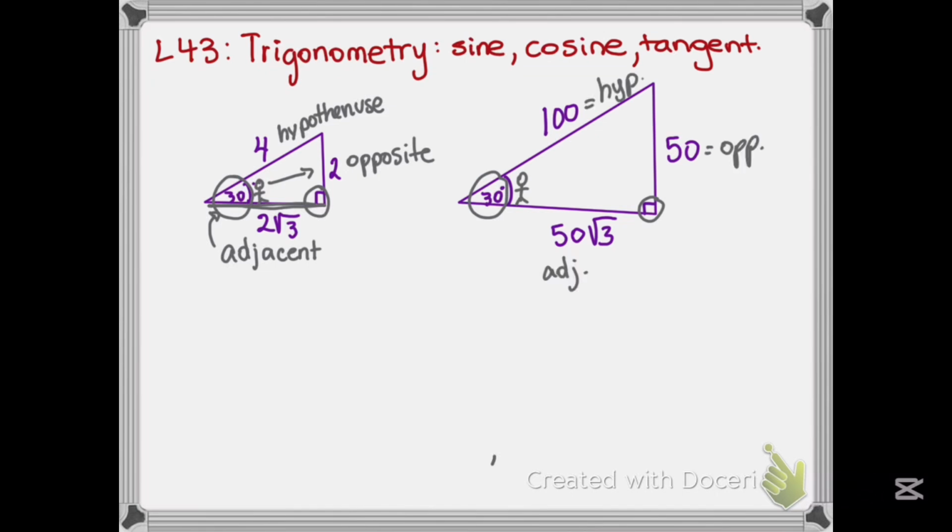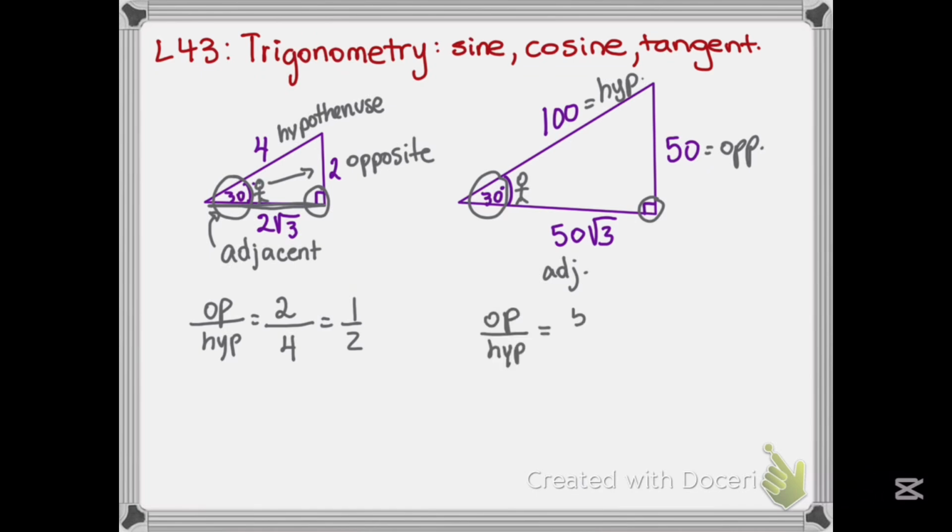Okay, so let's look at the relationship. What happens if I put the opposite over the hypotenuse? Well, the opposite is 2, right? Here is 2. And the hypotenuse is 4. And if I reduce that, that's 1/2. Now let's see what happens in the other one, in the bigger triangle.